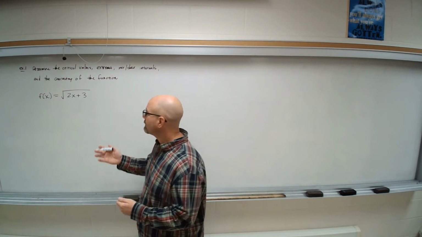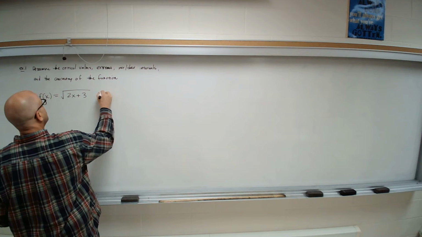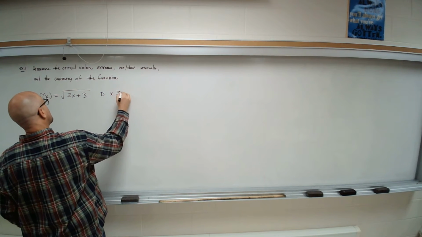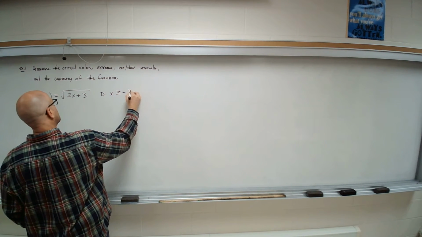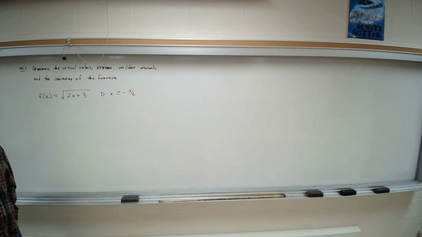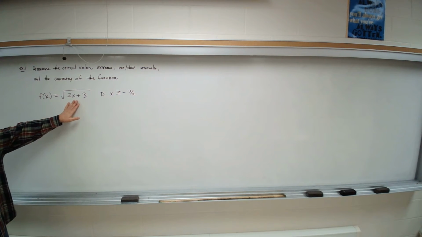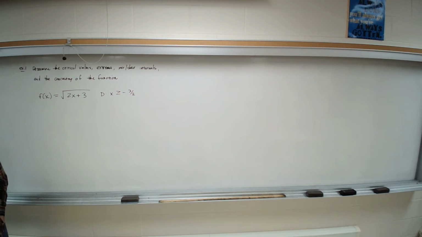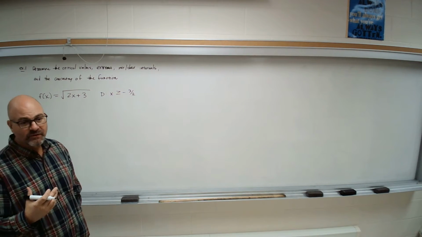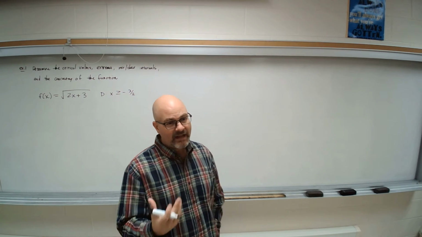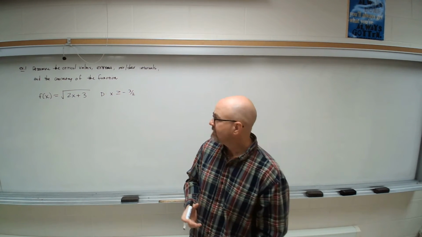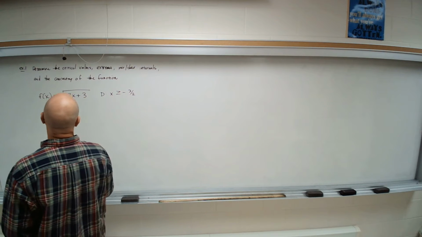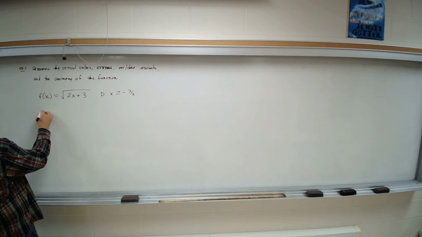On this function, as it's written, the domain is that x is greater than or equal to negative 3/2, correct? This has to be greater than or equal to 0. Solve it: x is greater than or equal to negative 3/2. So that means when we're looking for extrema, when we're looking for critical values, negative 3/2 is going to be one of those.